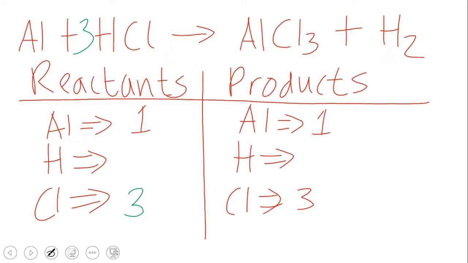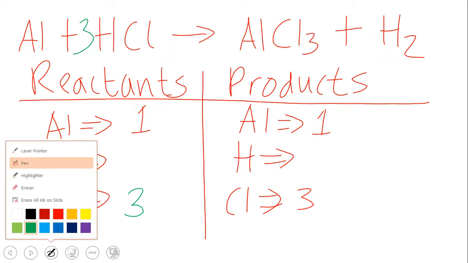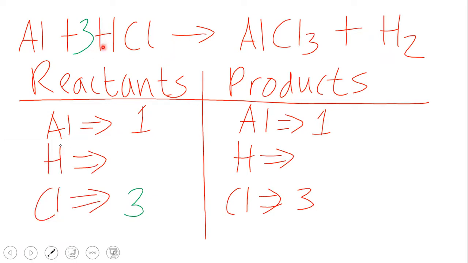Well, it does pose a problem, because here we have 3 Cl on the reactant side, but on the product side we only have 2. So the question is, what can we multiply by 2 to give us 3?